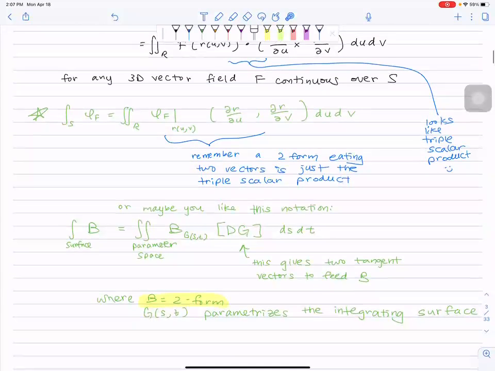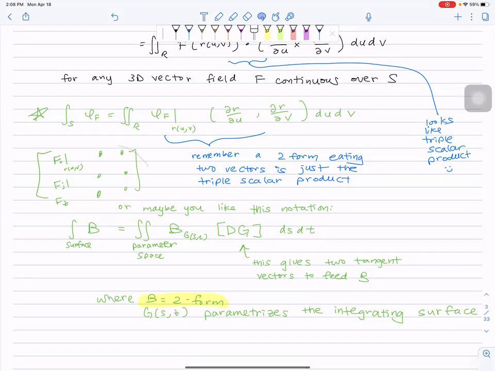When you have a two form, you have your first component plugged in with your parameterization, second component plugged in, third component plugged in, and you have this first vector and the second vector.